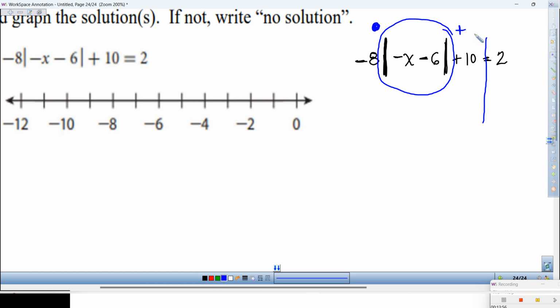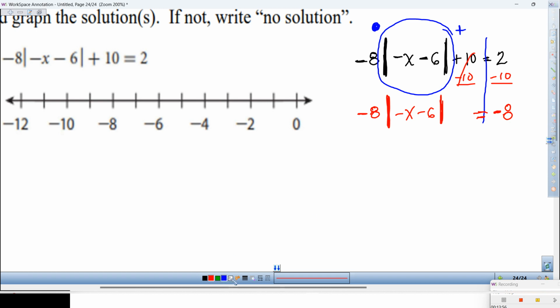So where do I start to get rid of stuff? Like if it was a regular equation, I would start with addition, right? So that means I need to subtract 10 from each side. That leaves us negative 8 times absolute value of negative x minus 6 equals negative 8.